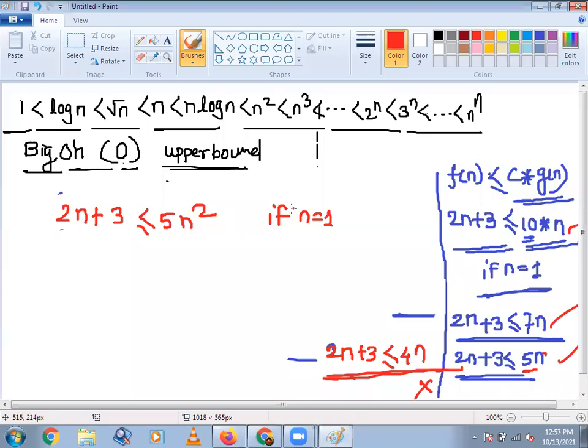Suppose someone has taken 2n plus 3 is less than 5 into n square, with n equal to 2. Then 2 raised to 2, here n equal to 2 satisfies the equation.